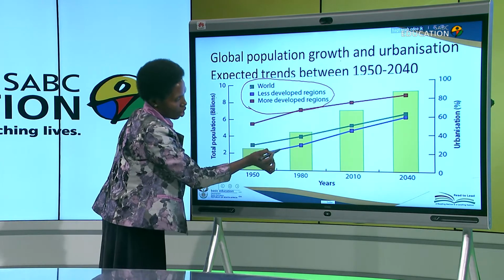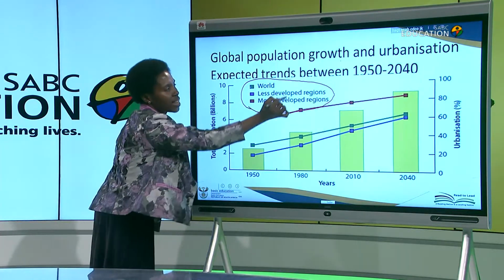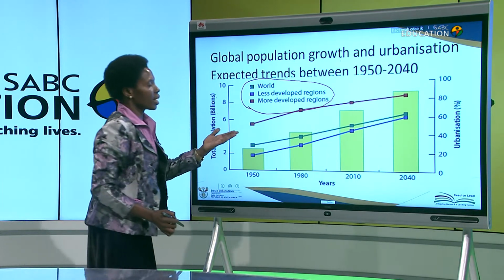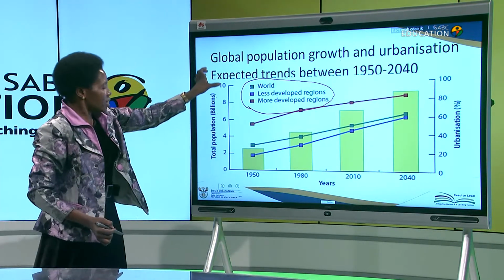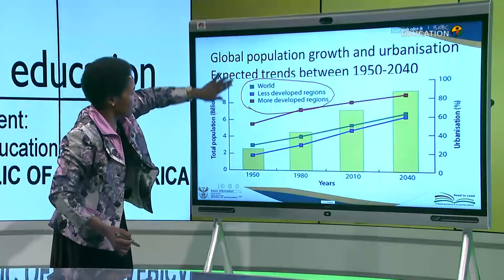So it's very important for you to know how to utilize these key symbols to interpret the graph. Let us take an example: on the x-axis or on the y-axis, we have already indicated that we have the total population.